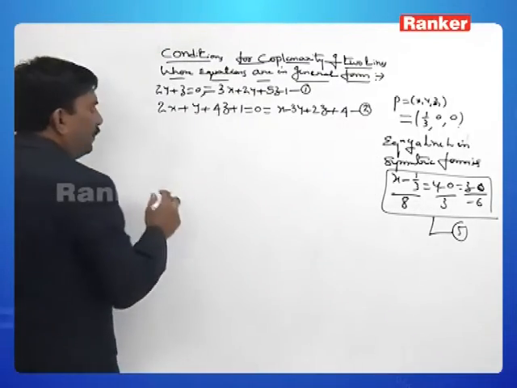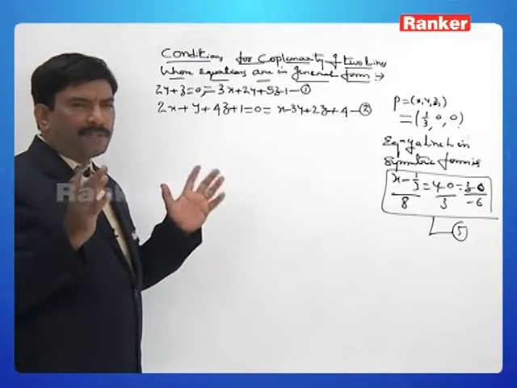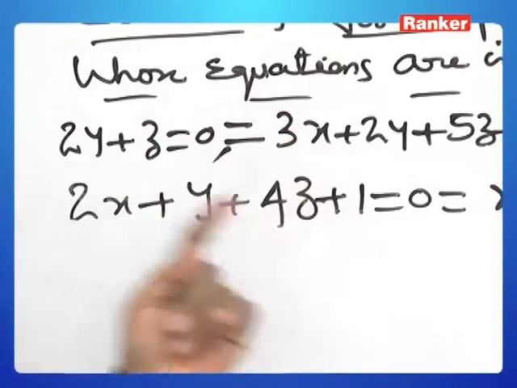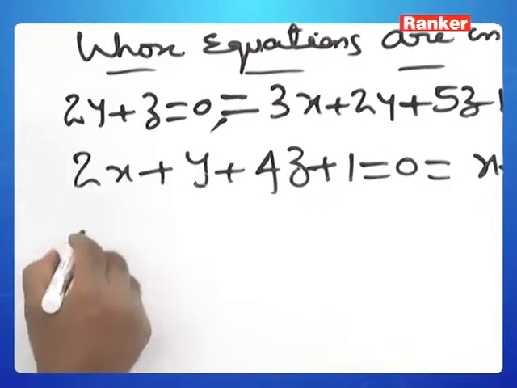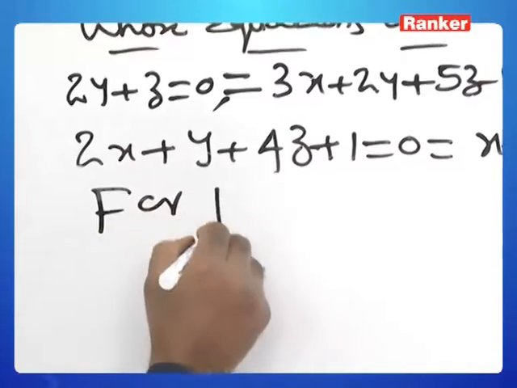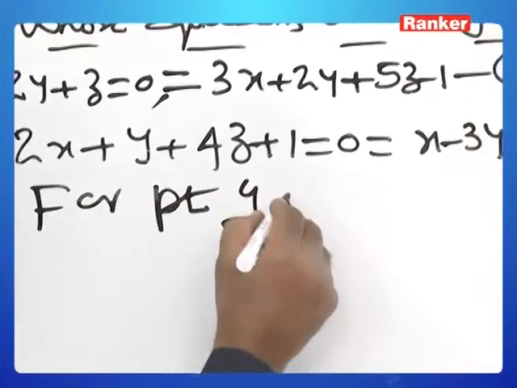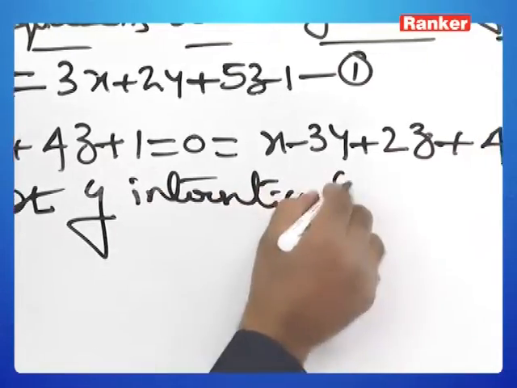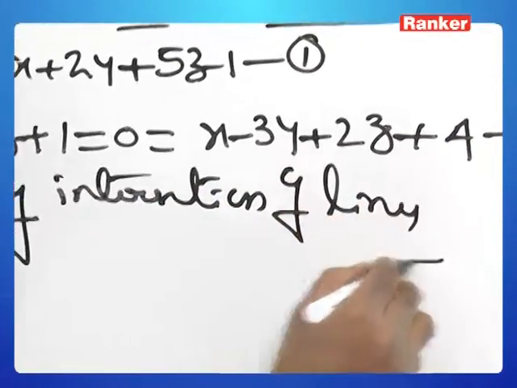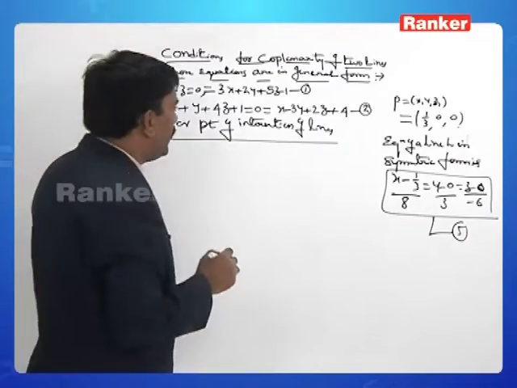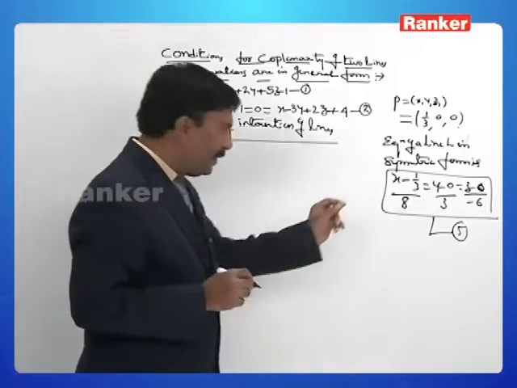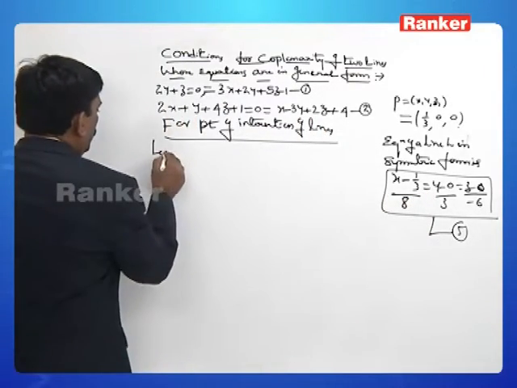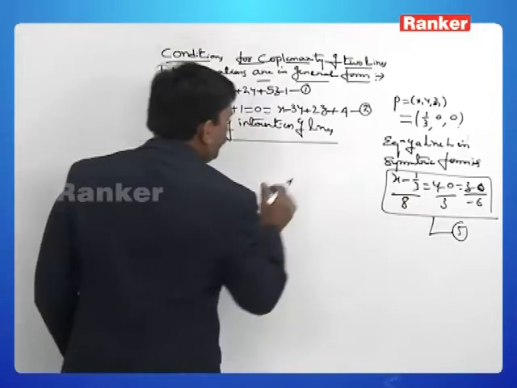Now let us find the point of intersection of these two lines, the first line as well as the second line. To find the point of intersection of the lines, let us take this as lambda. Now this is a line in symmetrical form.